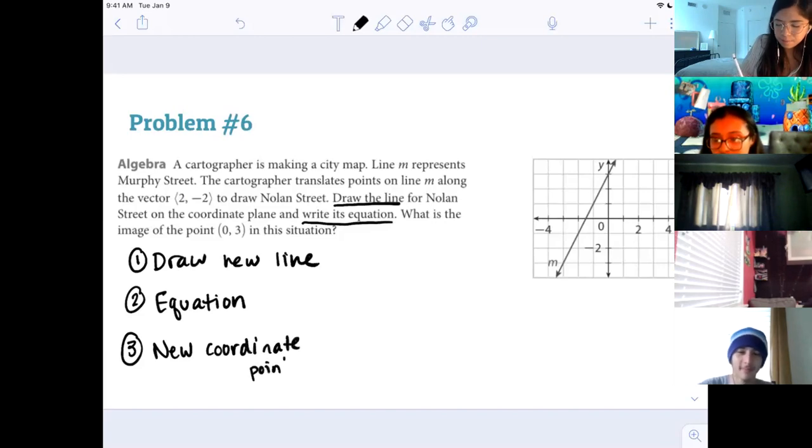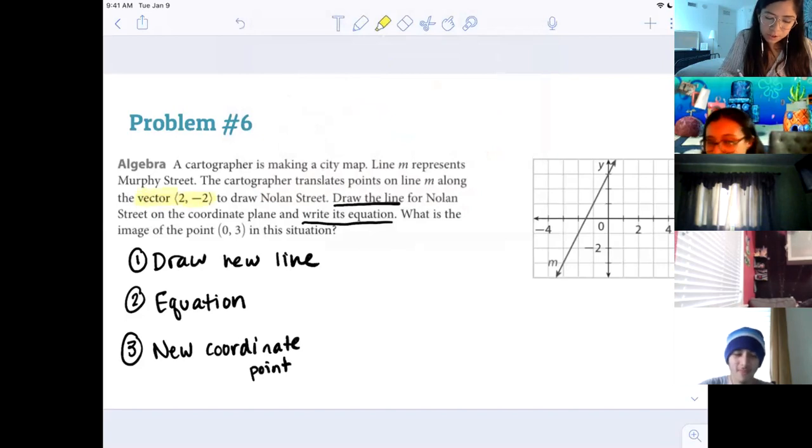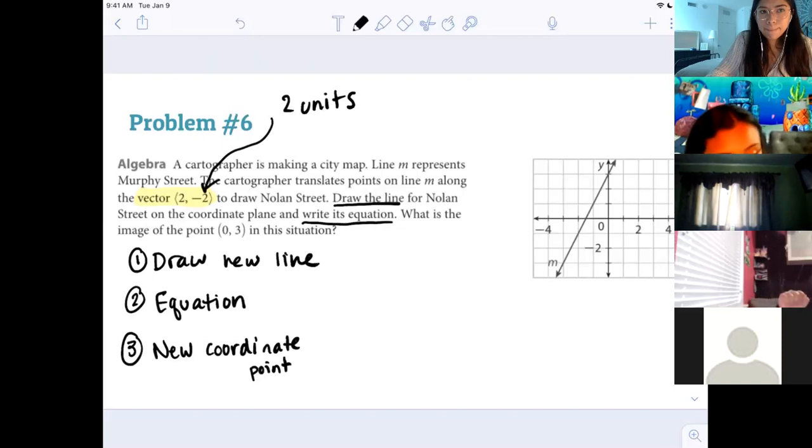So starting with drawing the new line, they give me the vector. So this is telling me that I'm going 2 units where? Sorry, I don't mean to be pointing at the -2, I just mean to be pointing at the whole thing. So the whole vector tells me to do what?